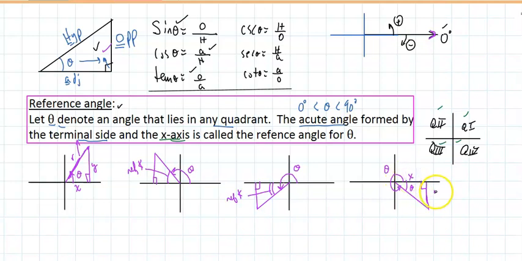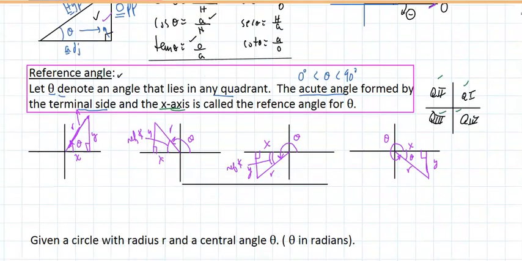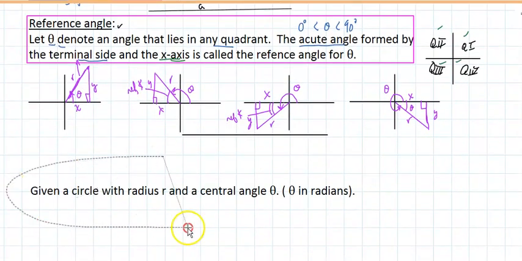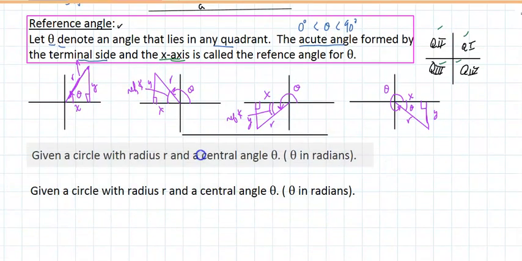That's always x, that's always y, that's always r, and that's always the case. So I could use the reference angle all the time to talk about theta in certain conditions, and let me get those conditions out of the way.